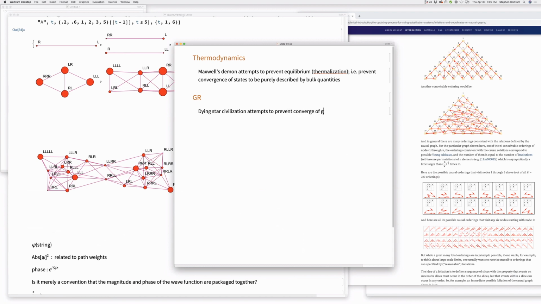And in the quantum case, the quantum computing company attempts to prevent convergence of states in branchial space to a classical outcome.